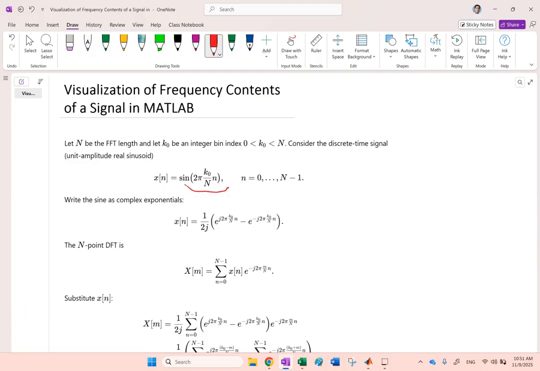If the length of the signal is N, and if k naught is the frequency content of the signal in hertz, then x of n can be written as sine of 2 pi k naught over N times n, where this small n changes from 0 to N minus 1. Again, this k naught is your frequency in hertz, okay? So this is your discrete sine wave with a length of N and with frequency of k naught in hertz.